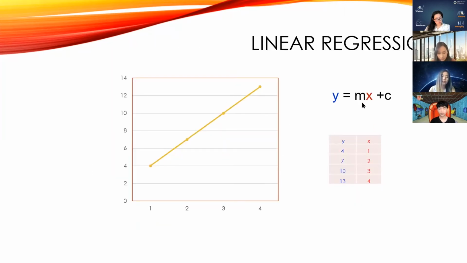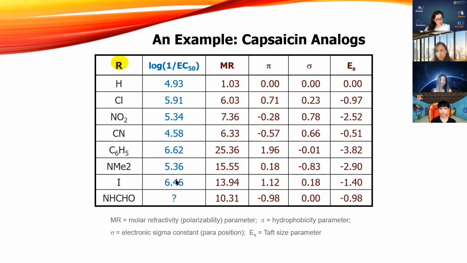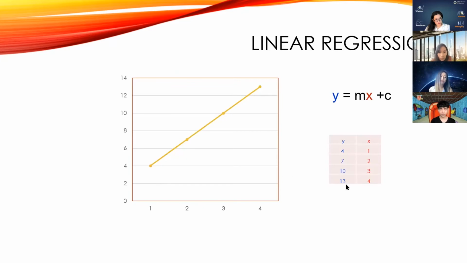With this one, for example, if you already know this row up to I, you have X and Y. So you know the column of Y and the column of X.